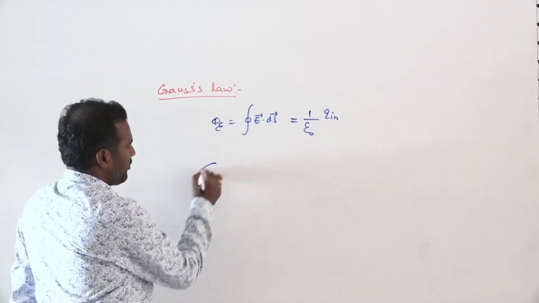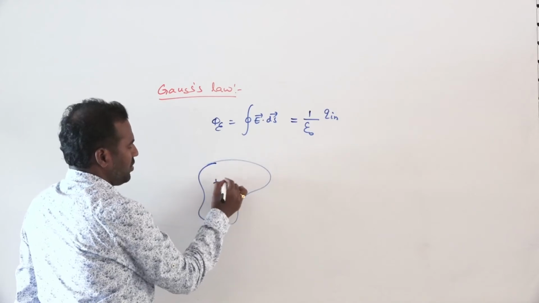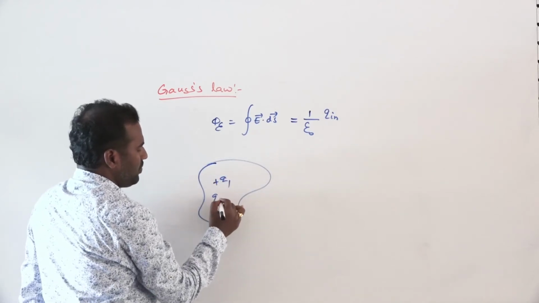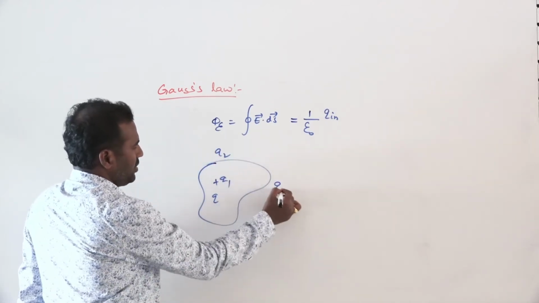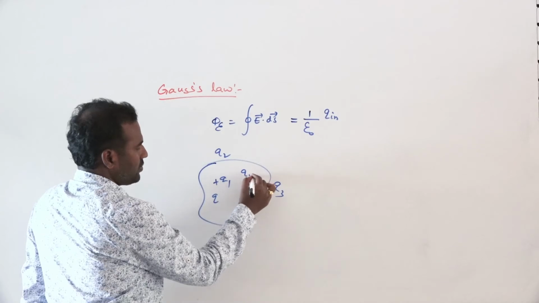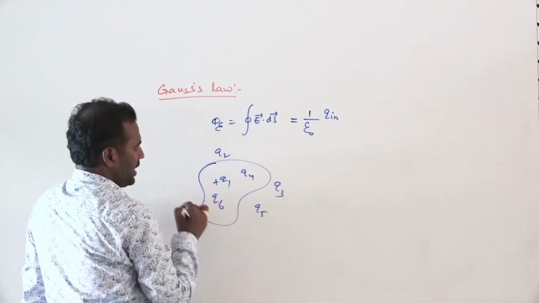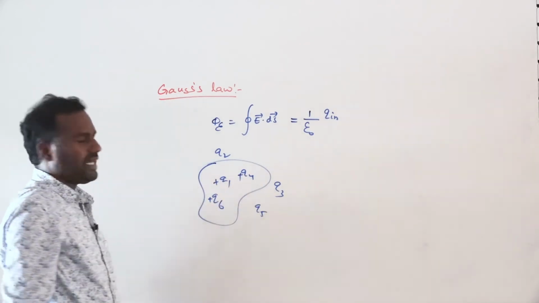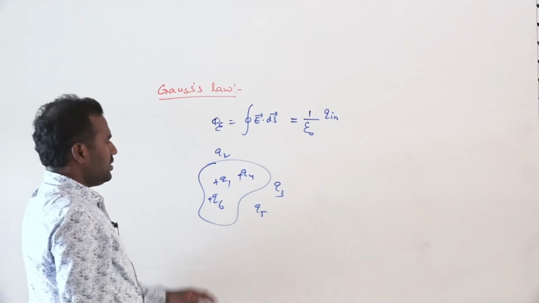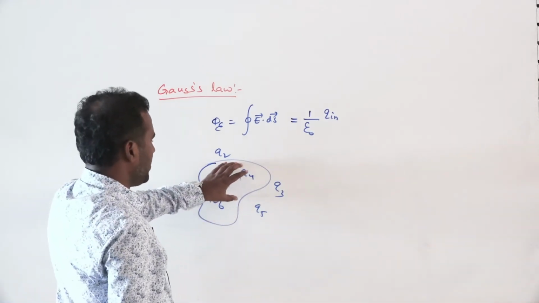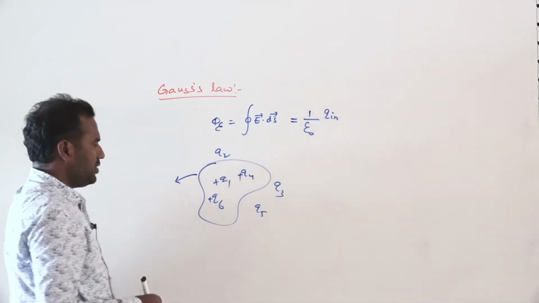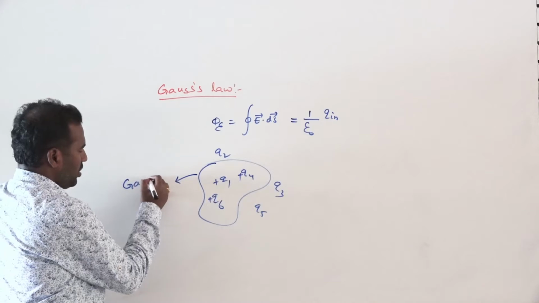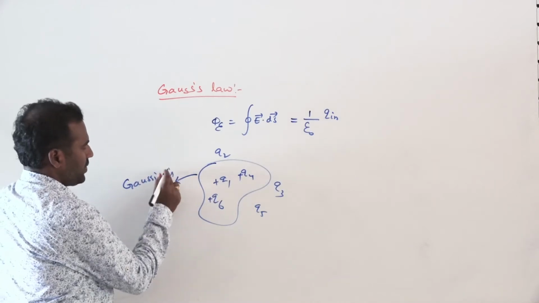Let us suppose I am taking a closed surface, and multiple charges are present over here. Let us suppose these charges are there, all positive charges I consider. Then the closed surface I told you about is called a Gaussian surface, we will say.